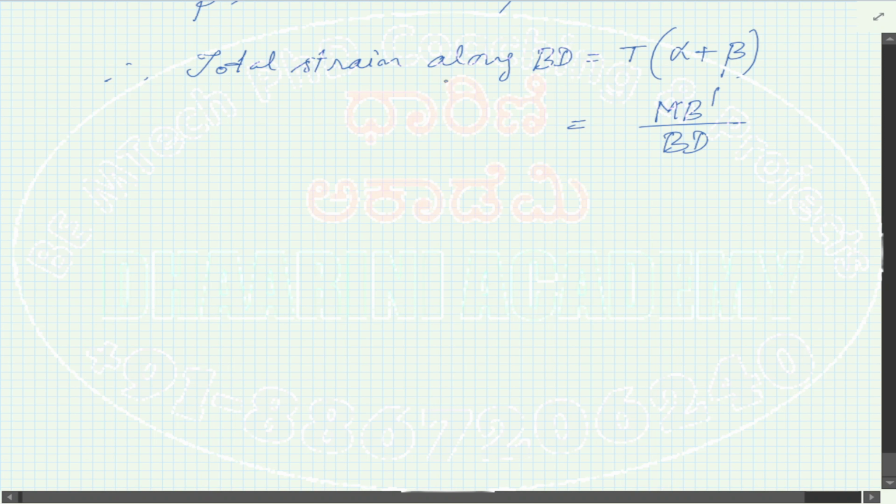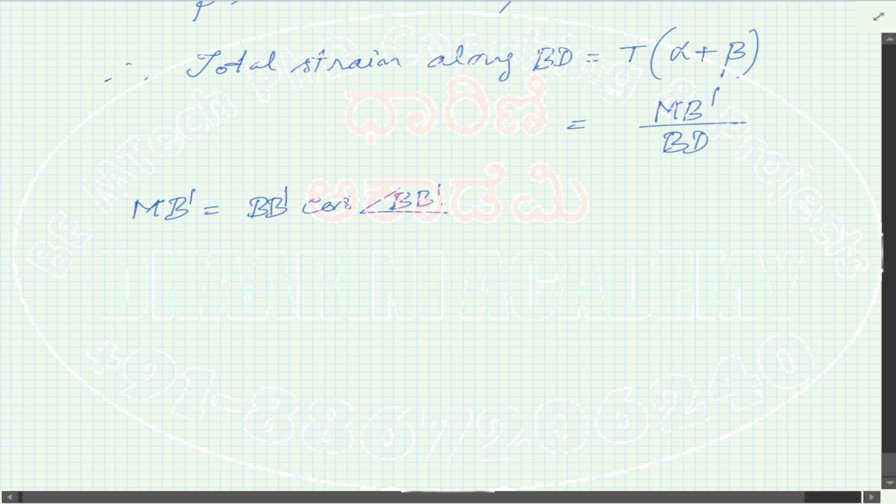Now let us try to substitute the values. How to calculate the MB dash? MB dash is nothing but BB dash into cos of the angle B B dash M. So you can see that it is going to be an equilateral triangle, and you have the 45 degrees coming up. What is that angle?